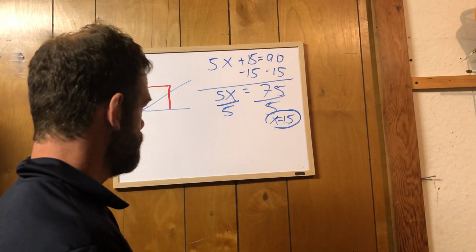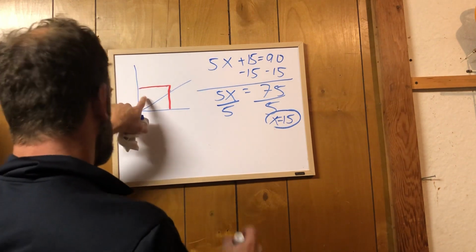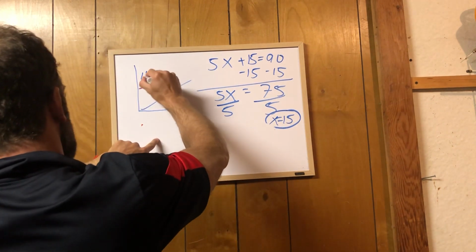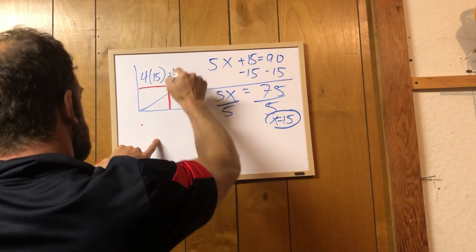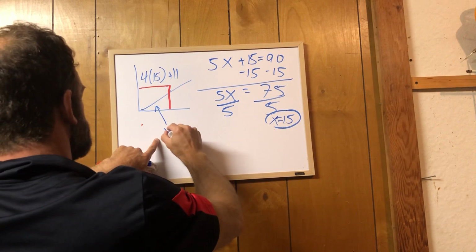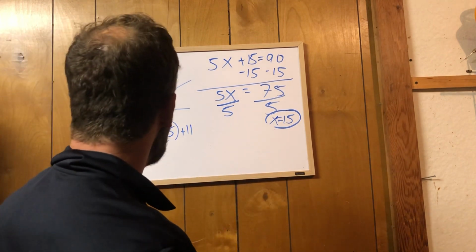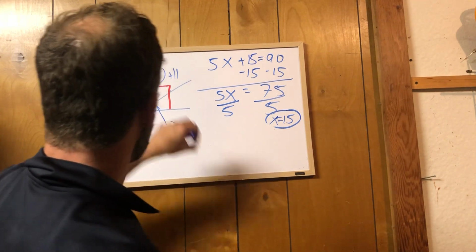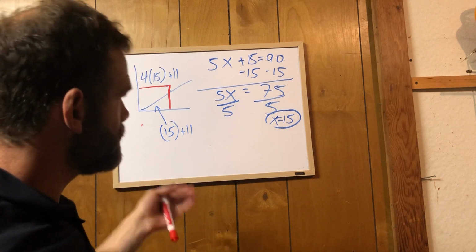All right, so x is 15, but that's not the question. The question is, what does this angle equal? This angle is 4 times x plus 11. This angle right here is x plus 4. So 4 times 15: 2 times 15 is 30, 4 times 15 is 60.